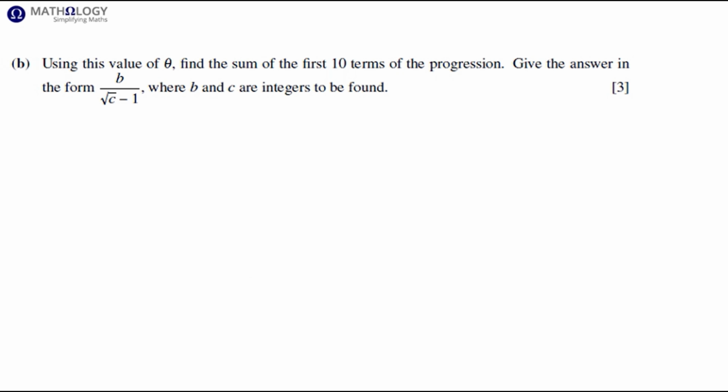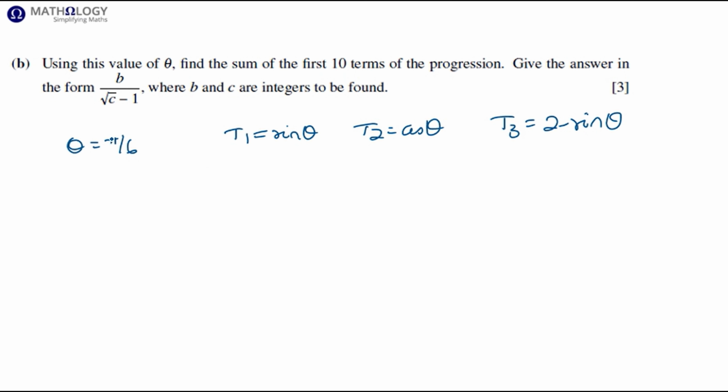And next, using this value of theta, find the sum of the first 10 terms of the progression. Give the answer in the form b over root c minus 1, where b and c are integers to be found. Okay, so theta is pi by 6. Recall the first term sine theta, the second term cos theta, the third term 2 minus sine theta.